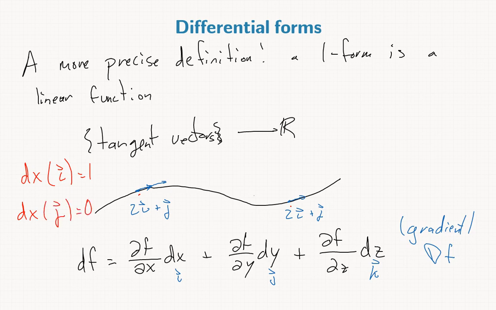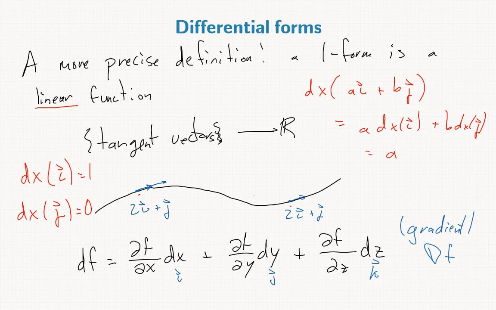And when I say linear here, that also means that dx of ai plus bj will be a dx of i plus b dx of j, which is just a.